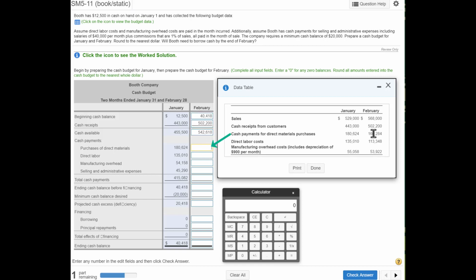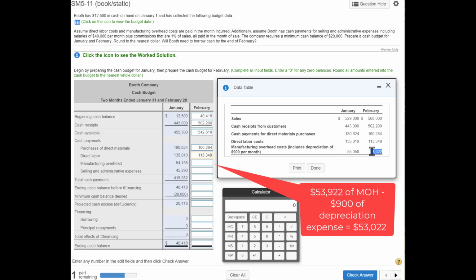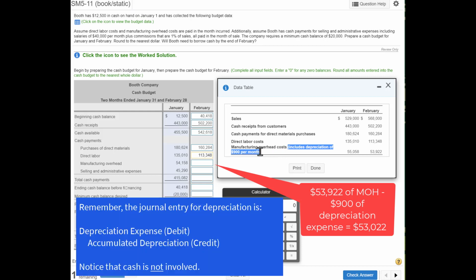Purchases of direct materials, we've got 160,284. Direct labor, 113,348. Manufacturing overhead, we had 53,922, except we have $900 of a non-cash transaction, which is depreciation.